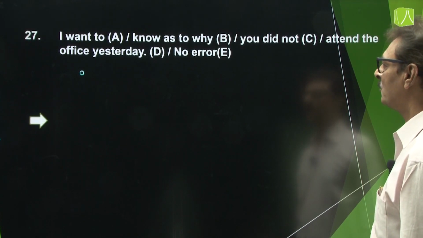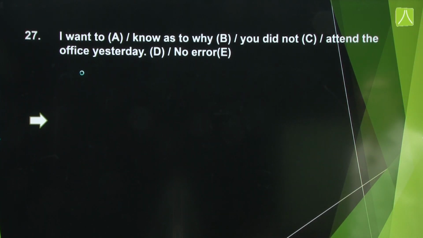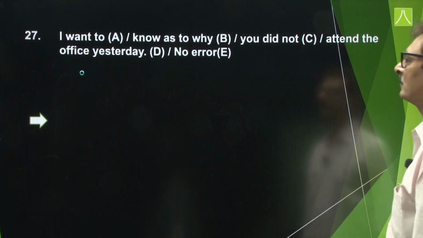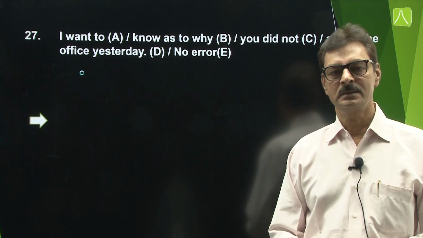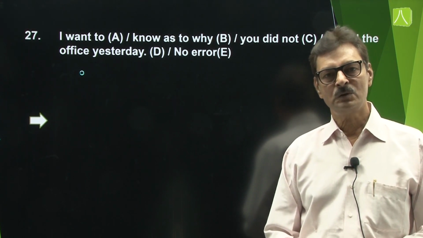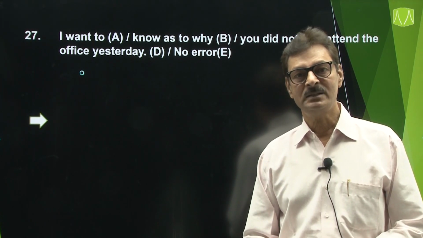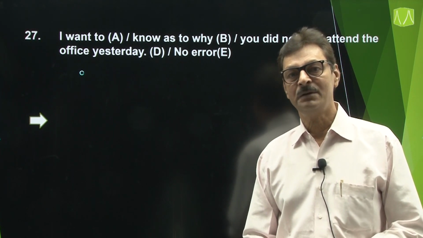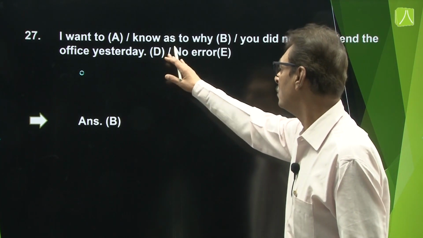Next, 27. I want to know as to why you did not attend the office yesterday. Again, a nice sentence. This is one of those sentences in which many students feel there is no error. But friends, read the sentence very carefully. There is an error and the error is in part B. I want to know as to क्यों आएगा?